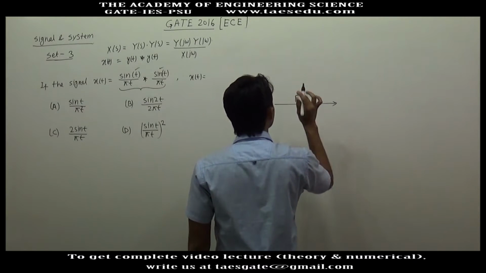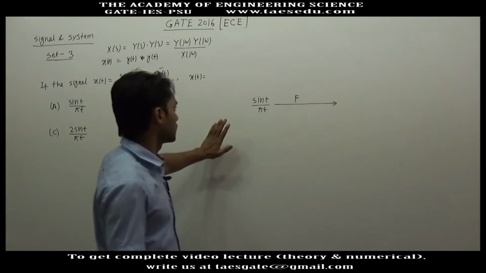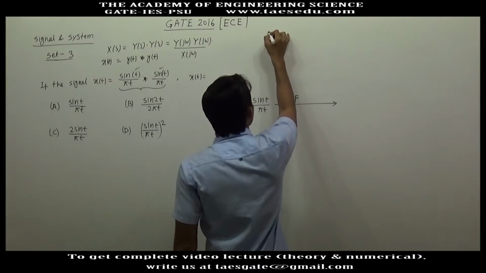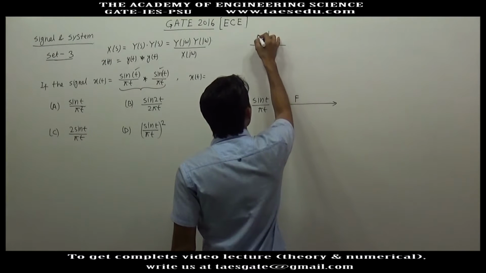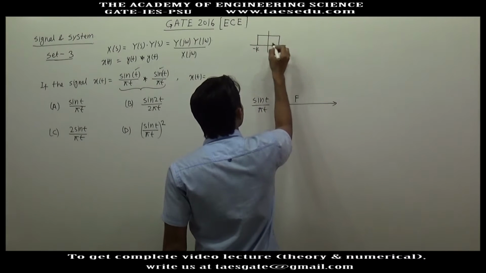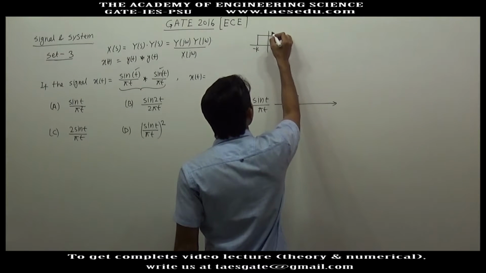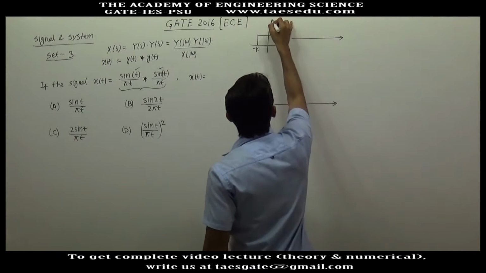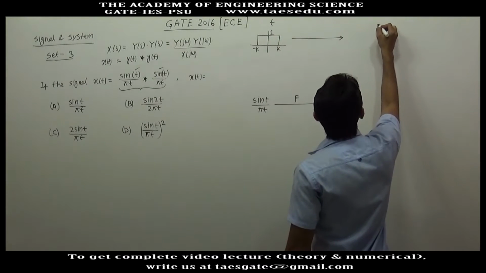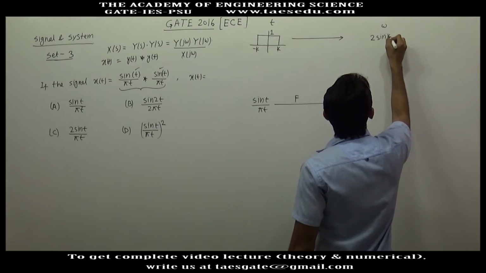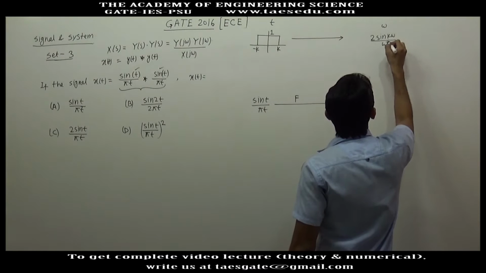Okay, so we will find the Fourier transform with the help of the duality theorem. We know that if we have a rect function in the time domain from minus k to plus k with height 1, the Fourier transform of this time domain signal is 2 sin(k omega) divided by omega.